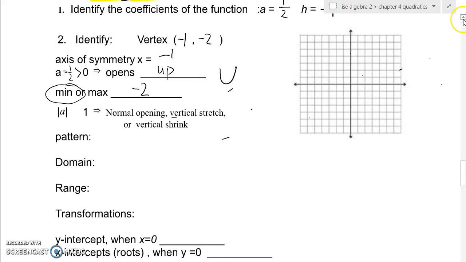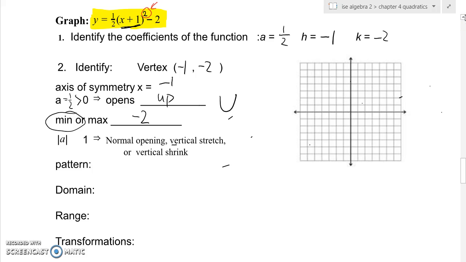Since our a value is 1/2, which is less than 1, we have a vertical shrink here. So our pattern is 1a, 3a, 5a. Our a is 1/2, so 1/2, 3/2, 5/2.